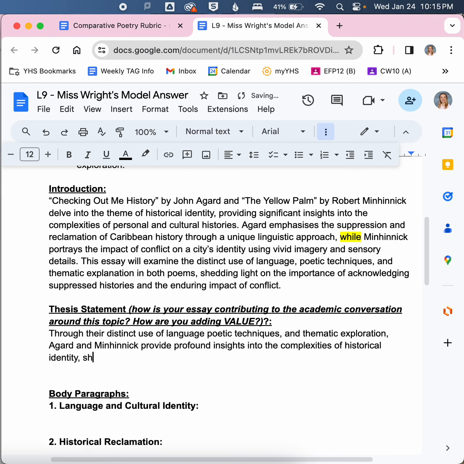I now need a different phrase for "shedding light on", because I've already used that.